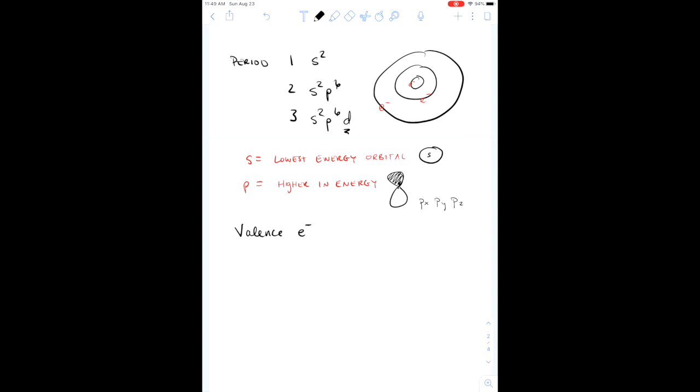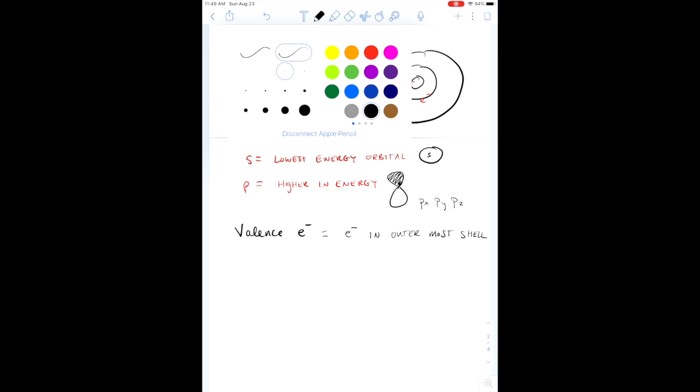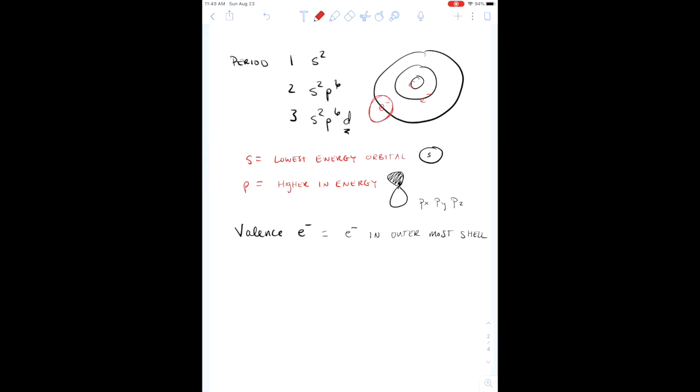Okay, and so moving on, remember valence electrons. We're talking about these orbitals and the different energies, right? So valence electrons are the electrons in the outermost shell. Okay, and so these guys are important because they are the ones that are doing all the chemistry that we care about, right?